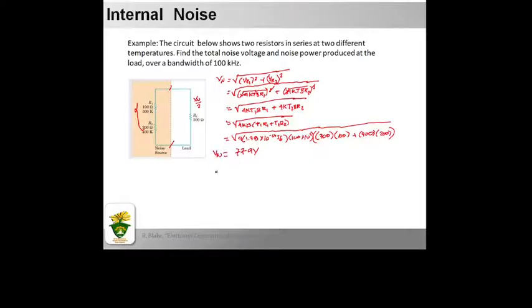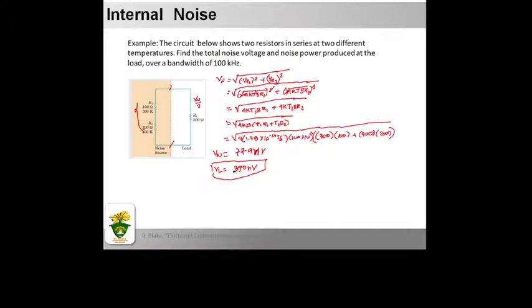Then 1/2 of that is approximately the voltage at the load. 779 divided by 2, or 780 approximately, is equal to 390 nanovolts. So that is the voltage across the load.